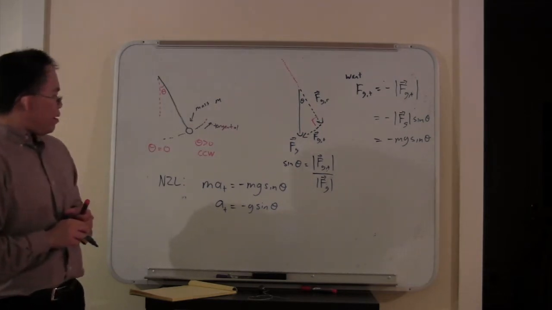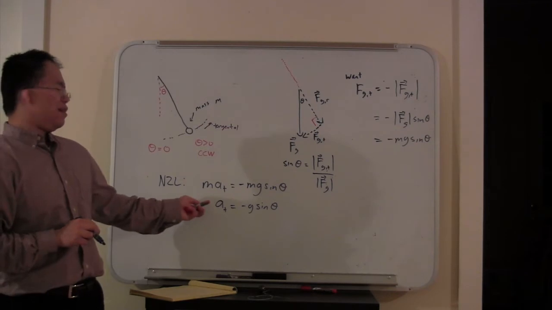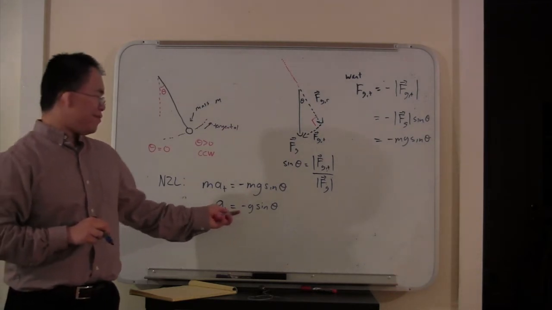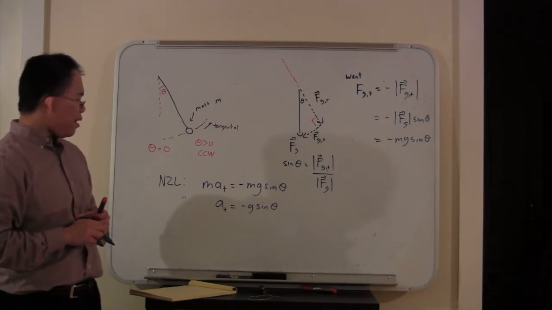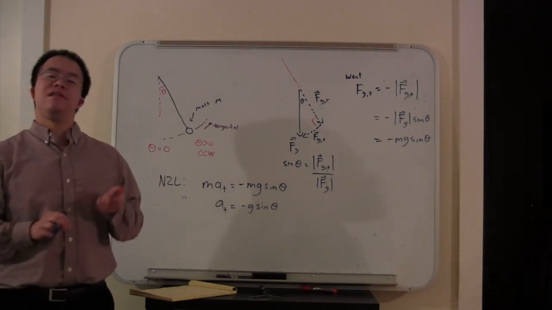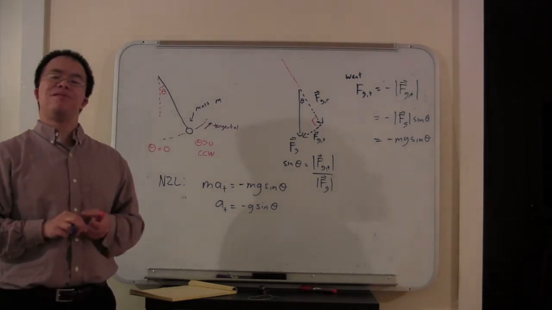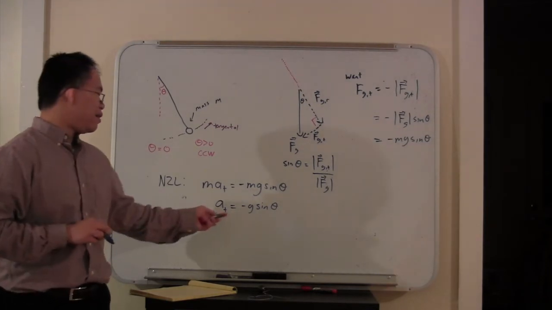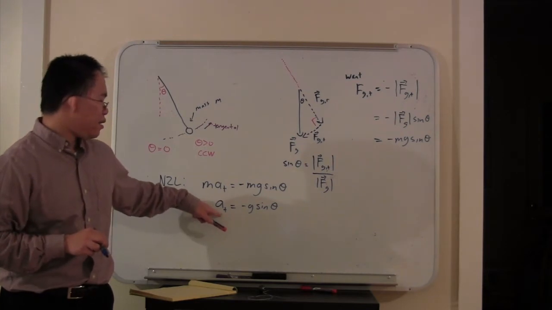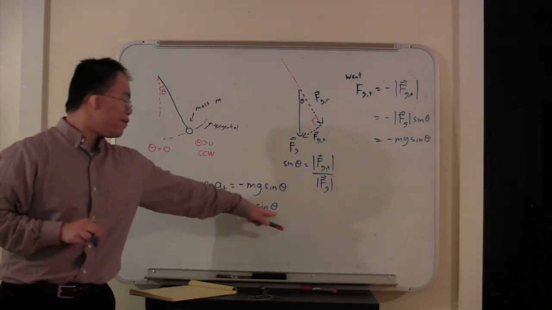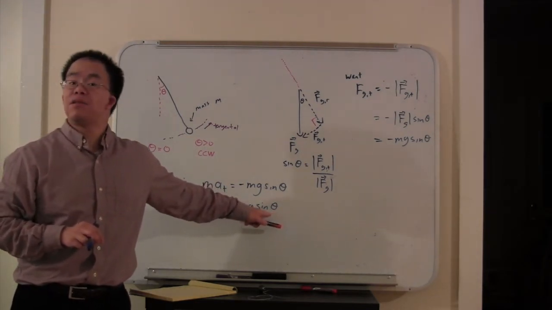Alright, so where can we go from here? We've got the acceleration. We've shown that it depends on my angle theta. But mathematically, it turns out this isn't super easy to deal with because we've got two different variables here. We've got a linear acceleration, and we have something that depends on an angle.